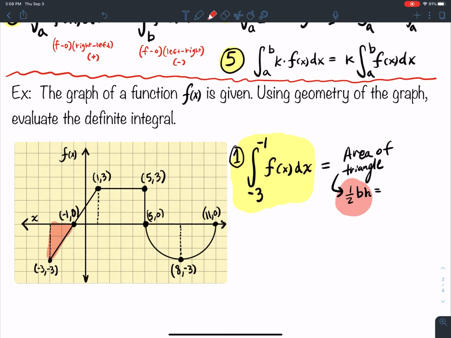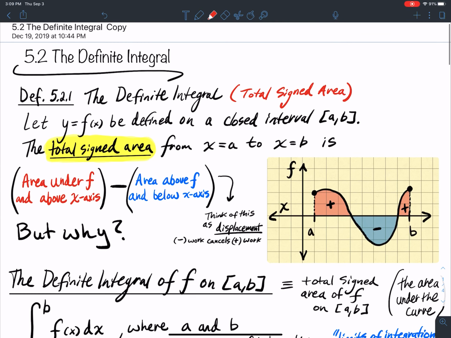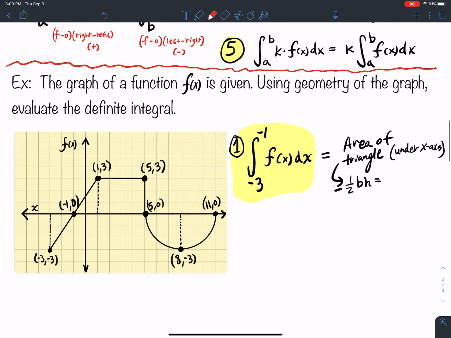But what do I know? This is below the x-axis. So since it's under the x-axis, what do I know about area under the x-axis? Well, I know that area under the x-axis is negative. So I'm going to put a negative sign there. And so I have -1/2 times the base. Well, what is the base? How long is the base?